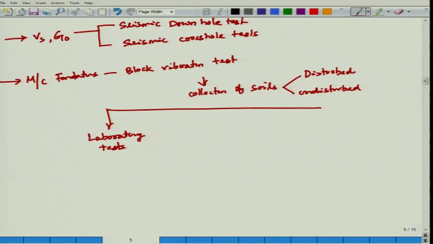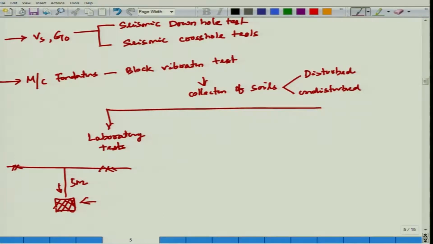Why? Because, for example, here you are collecting an undisturbed sample at a depth of say 5 meters. Before collecting, what is the physics? There will be a vertical stress and all-round confining pressures.